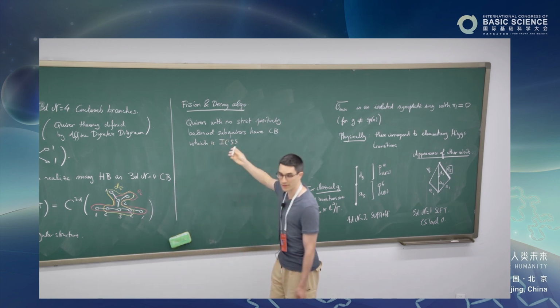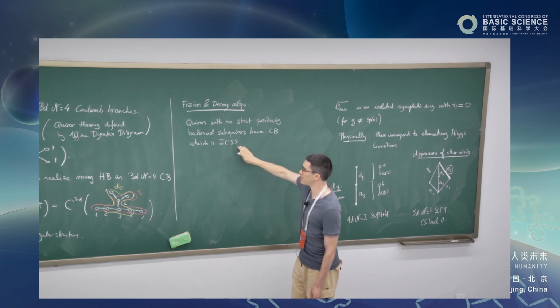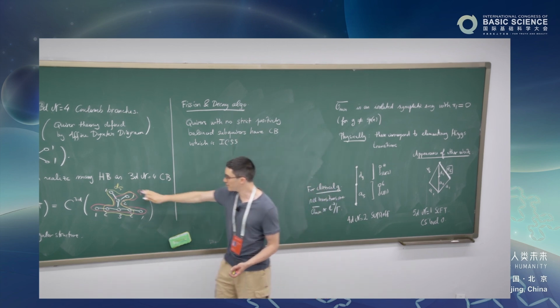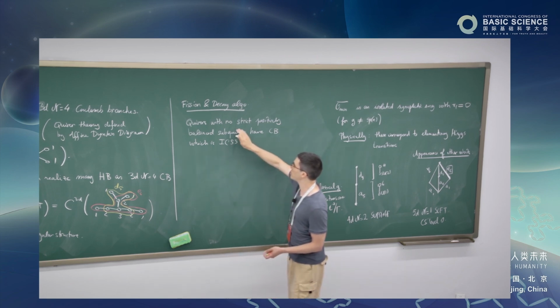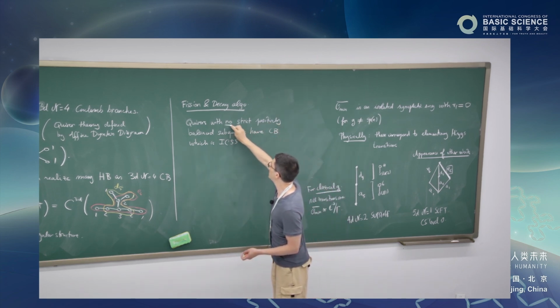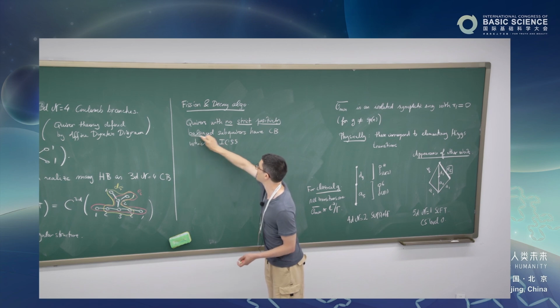And actually, they are all of them. So all the isolated singularities that you can realize as Coulomb branches of unitary quivers are those which satisfy this condition: no strict positively balanced subquiver.